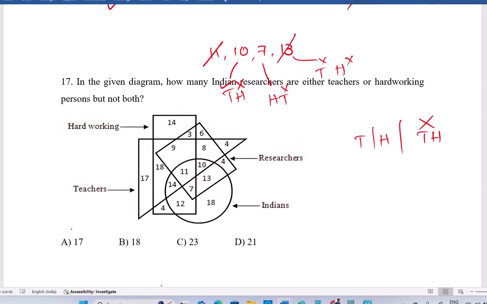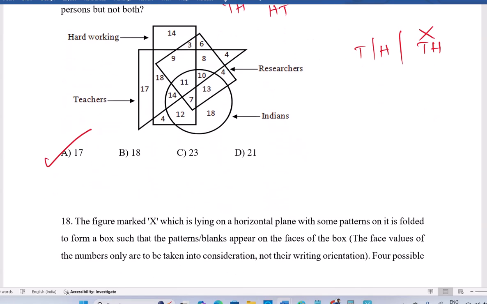So 17 is your answer. Either teacher or hardworking, one among that is fine, not both. 11 is eliminated because they are teachers as well as hardworking. I want only one among the teacher or hardworking among these Indian researchers. 17 is the answer.